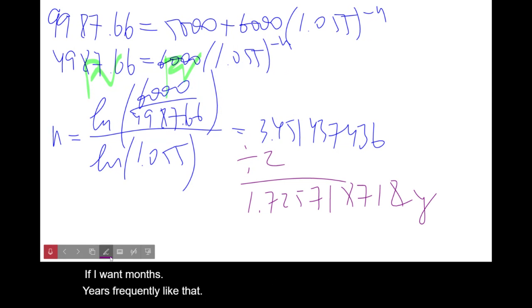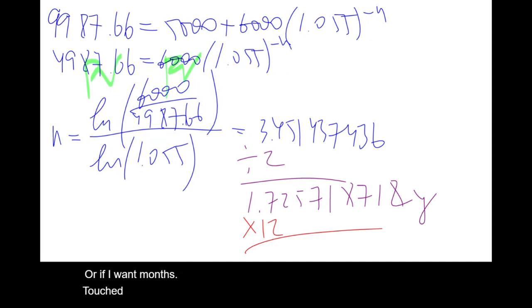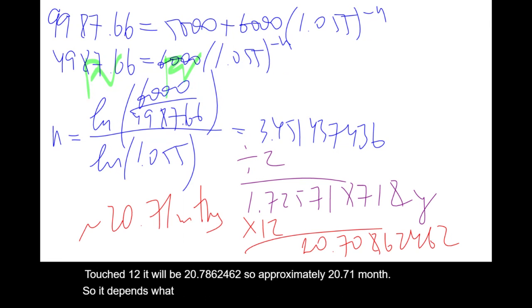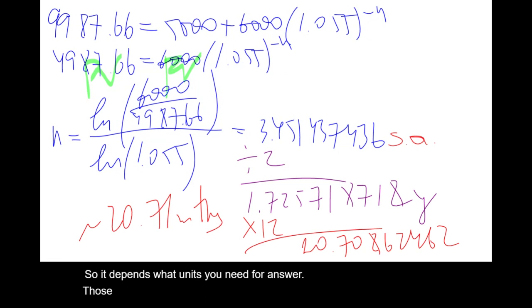Or if I want months, times 12, it will be 20.70862462, so approximately 20.71 months. So it depends what units you need for the answer. Those are semi-annuals, right? Any questions regarding that exercise, people?